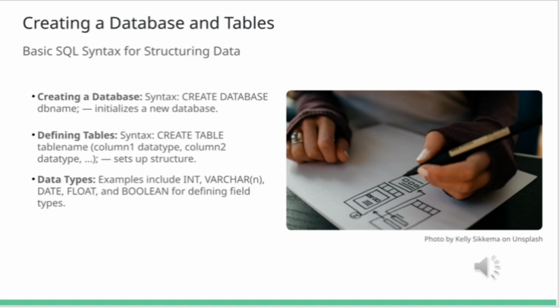So if there are digits in a particular variable, we assign the integer or int data type to that column. There are many data types used in SQL: int for integers, varchar for variable length strings, date for date values, and float for floating point numbers.